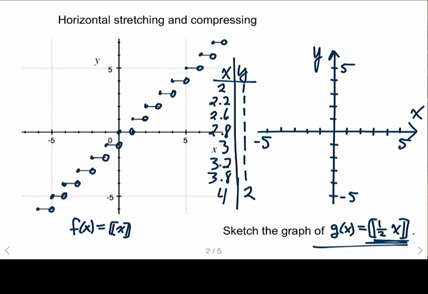Now I got a bunch of 1s and then 4 evaluated to 2. If you're not sure why that is, let's just consider a couple of these. G of 2 is going to be the greatest integer of 1/2 times 2, which equals the greatest integer of 1, which is of course 1.